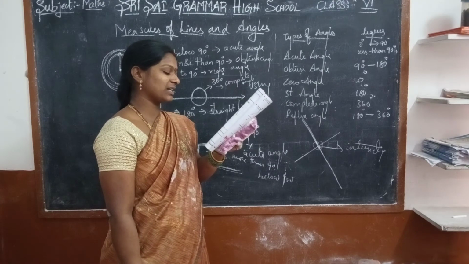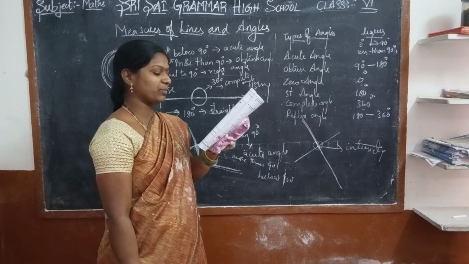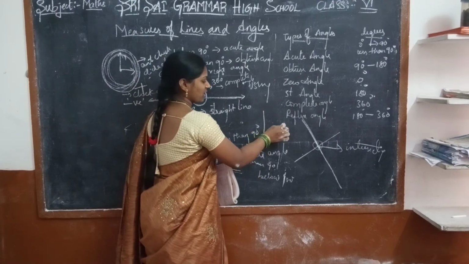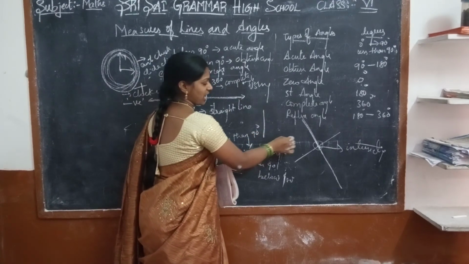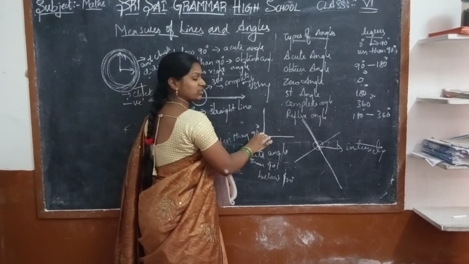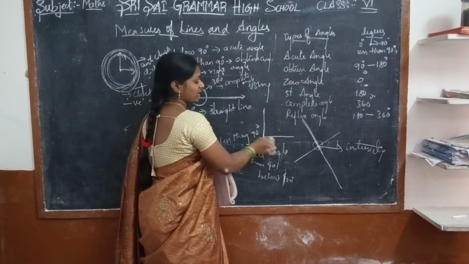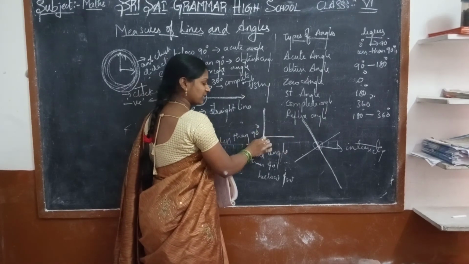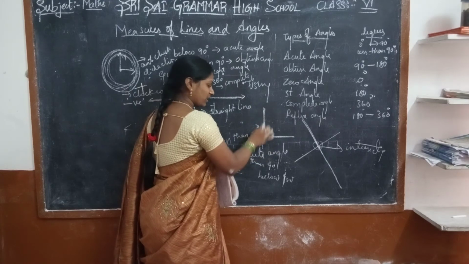If two intersecting lines are perpendicular, the angle between them is a right angle. See, if I draw a straight line and another line intersects it, is it forming a right angle?